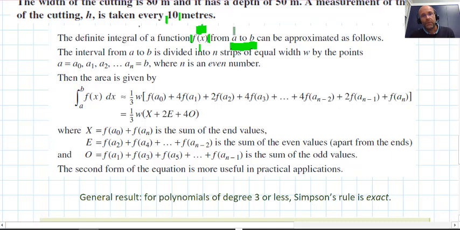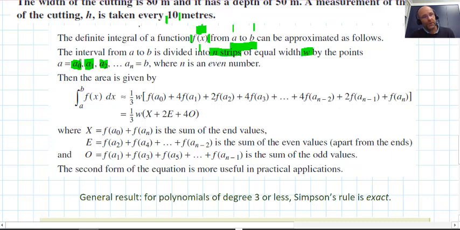For interval AB, we can approximate the area as follows. Now it's split into n strips. The strips must be of equal width, which is denoted by W, and all the intervals are split up by these, which relate to the ordinate lines that go upwards.